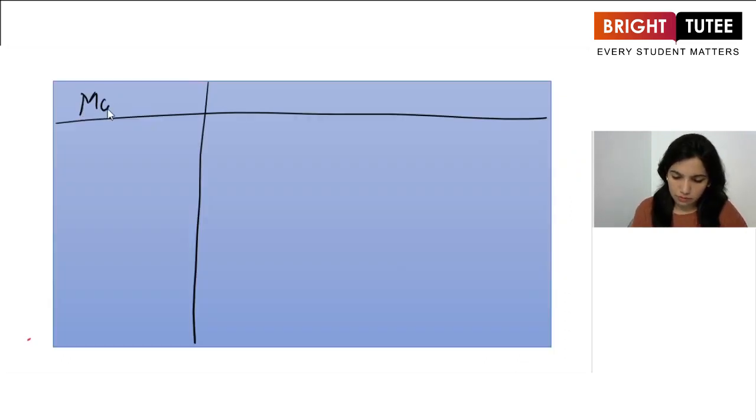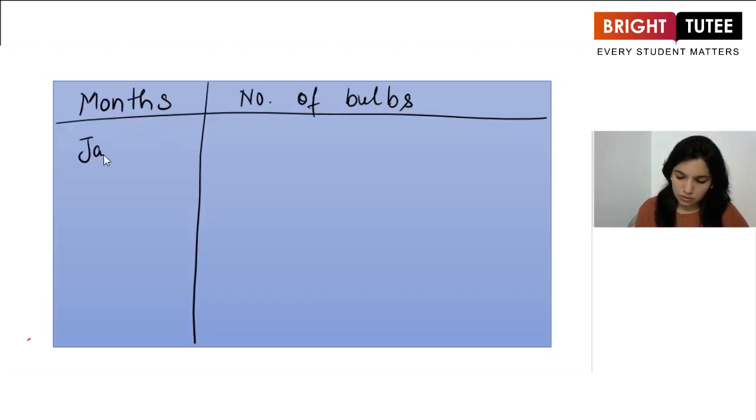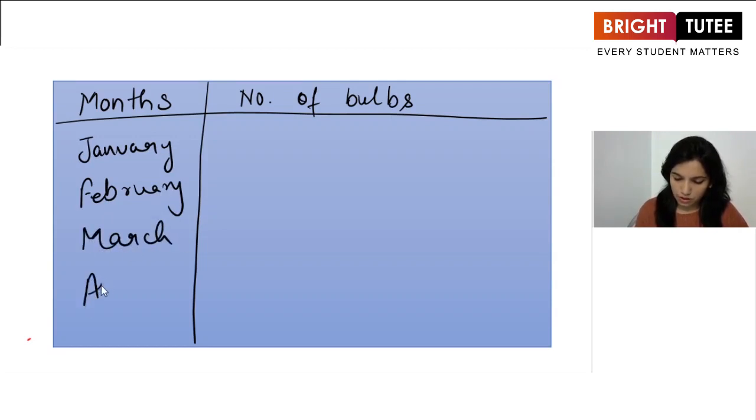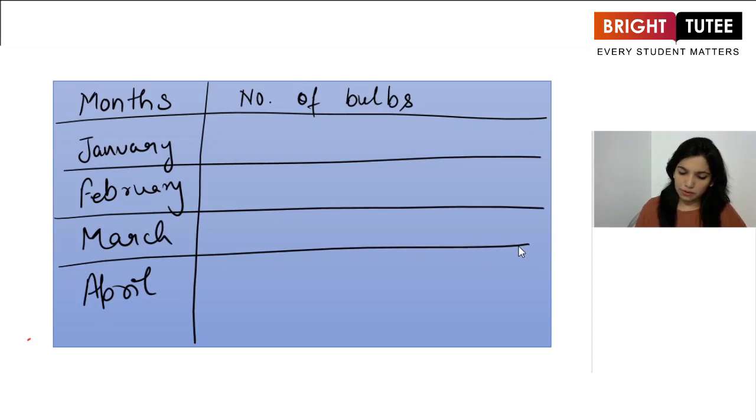So let us write months, and here we have got number of bulbs. Okay, so here the months are January, February, March and April. Right, so these are the 4 months for which we need to draw these pictographs.